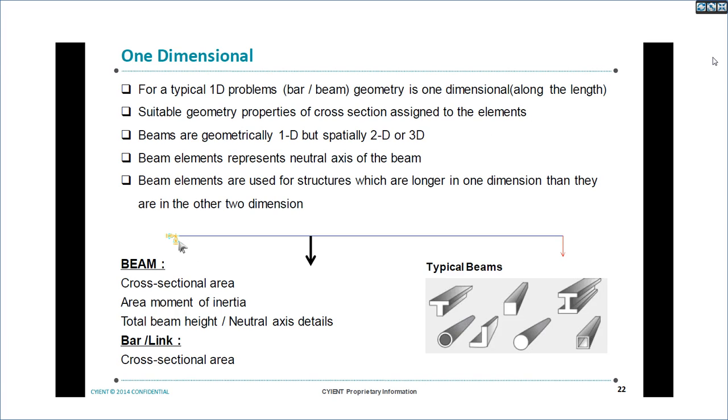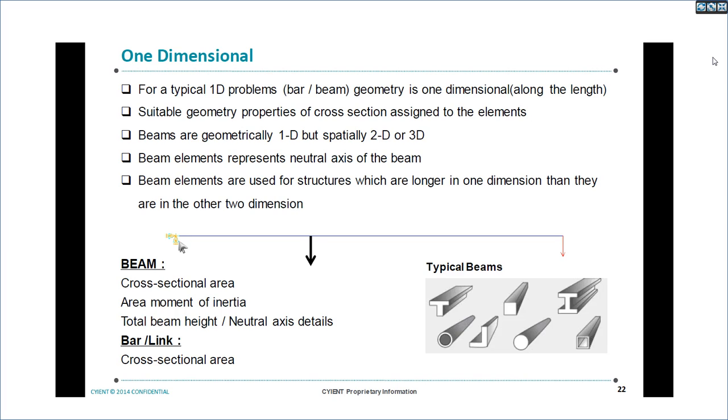When you take area elements, such as structural plane stress elements, we will assign thickness. This area times thickness will give the volume. But in a line element, we are modeling only one line.